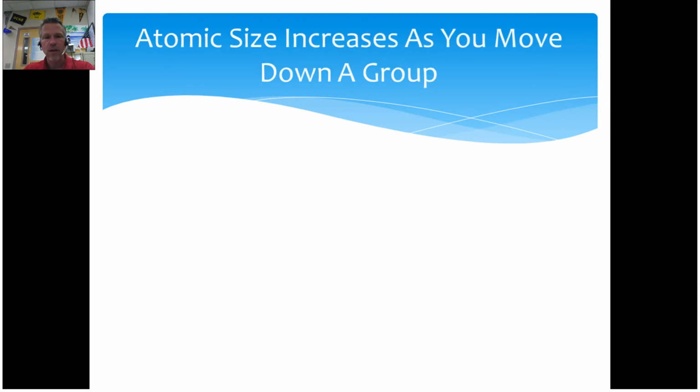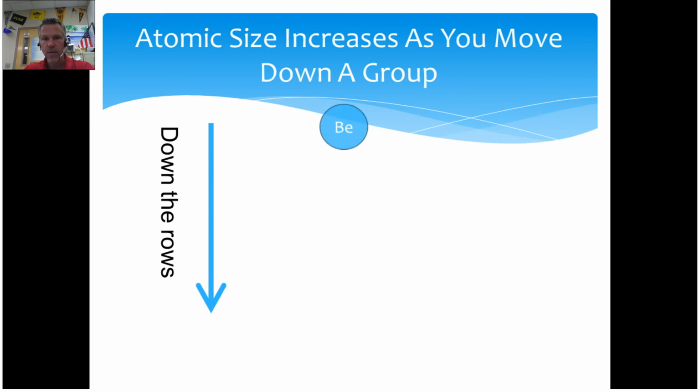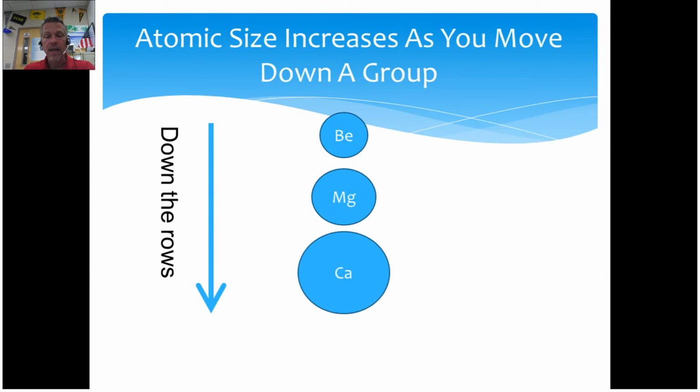And I have a graphic here that can help us look at that. So as we move down the rows in the periodic table, starting with beryllium, which is of course in group 2, beryllium and magnesium and calcium and strontium. This is moving down group 2 from row 2 to row 3 to row 4 to row 5.